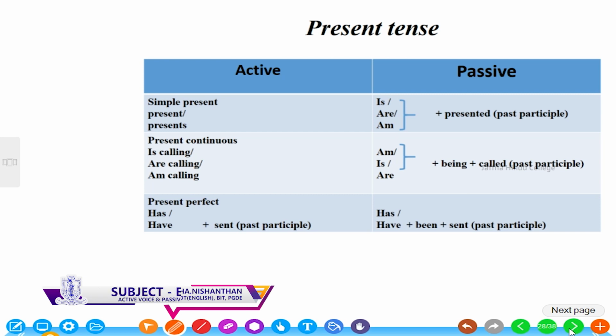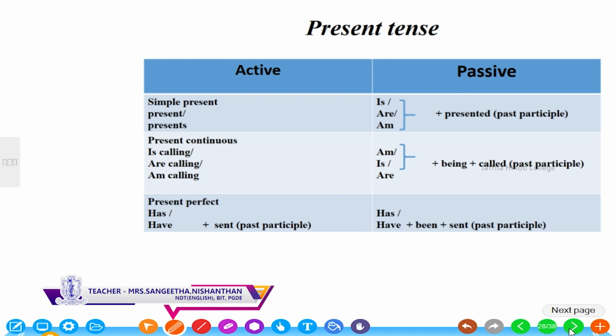This chart depicts how the active voice is changed into passive voice in present tense. For simple present, look at the verb present or presents. Sometimes it accompanies the helping verb does and sometimes do. If the subject is singular, it will be presents.